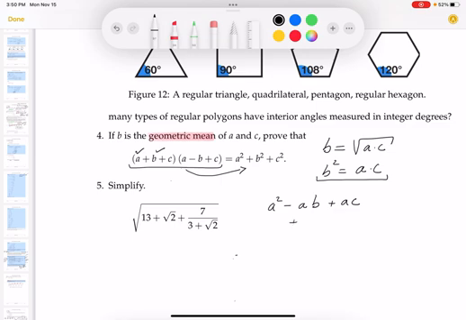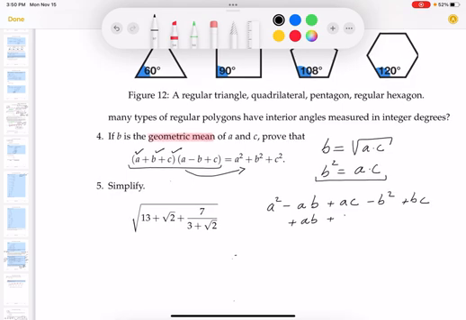You get AB, minus B squared. I'm very careful, right? And then plus BC. All right, now I can take the C. What do you get? AC minus BC plus C squared.